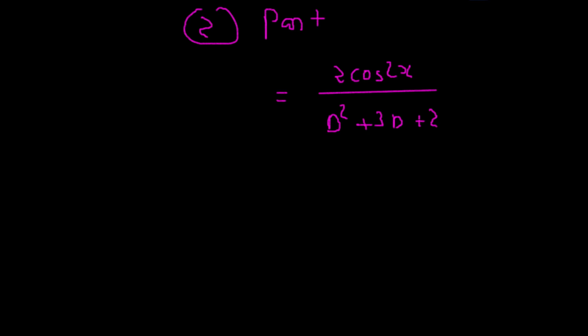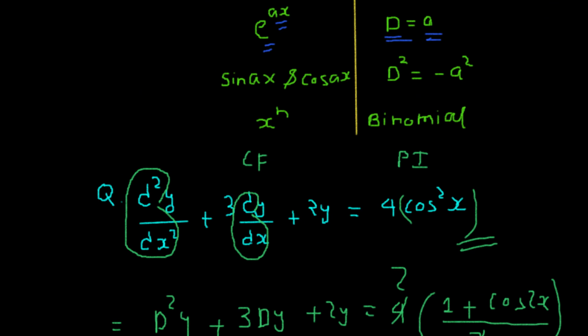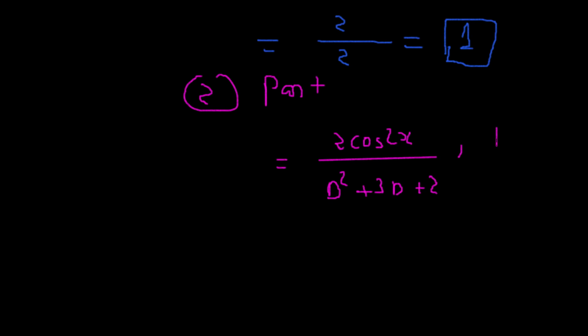Let's see what we're going to do in the case of sine and cos. In the case of sine and cos, we are going to put d square equals minus a square. Here a is 2, so d square equals minus a square, that means minus 2 into 2, which is minus 4. We're going to put that in.